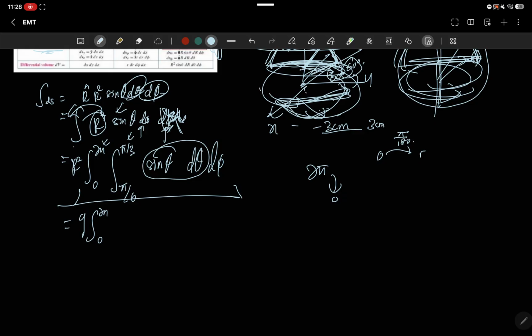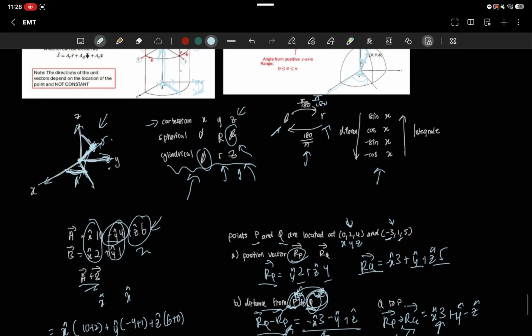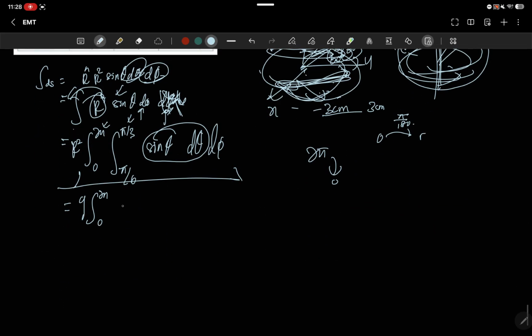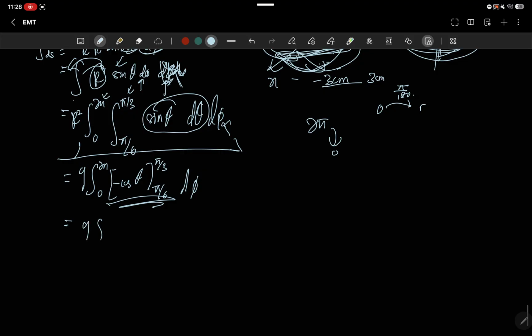As we know, integrating sine becomes negative cos. So negative cos theta from pi over 3 to pi over 6, then the remaining is for this.